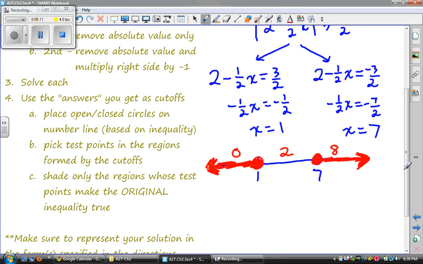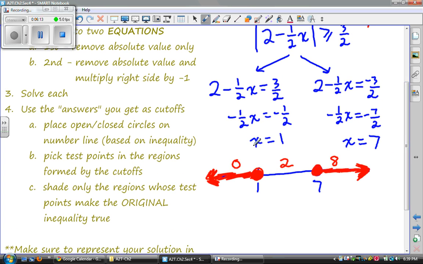That's pretty much our process, but we always have to come back. Remember, x equals 1 and x equals 7 are not our solutions. So we go back and write the inequalities in interval notation based on what our number line looks like. So we could forget about 0, 2, and 8.